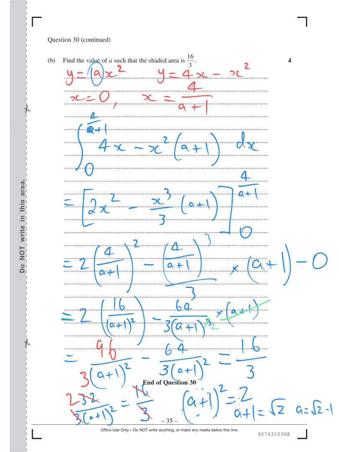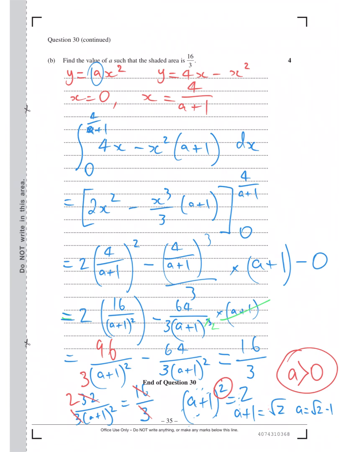Now I haven't forgotten that when I take this square root, I should actually have a plus minus there, but I know that a is greater than 0. Okay, so I know that a is positive.